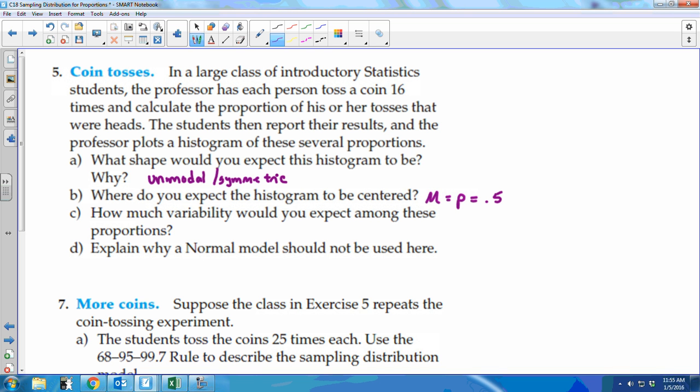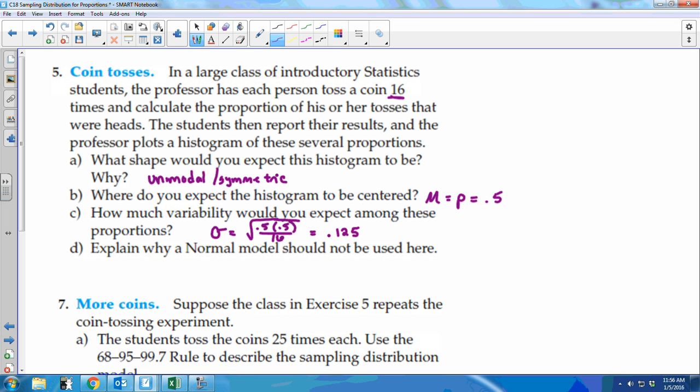And so we would find the standard deviation by doing the square root of p, which is 0.5, times q, which is 0.5, divided by the sample size. They tossed a coin 16 times, so 16. And that comes out to be 0.125. So that would be our standard deviation. Everyone good so far?